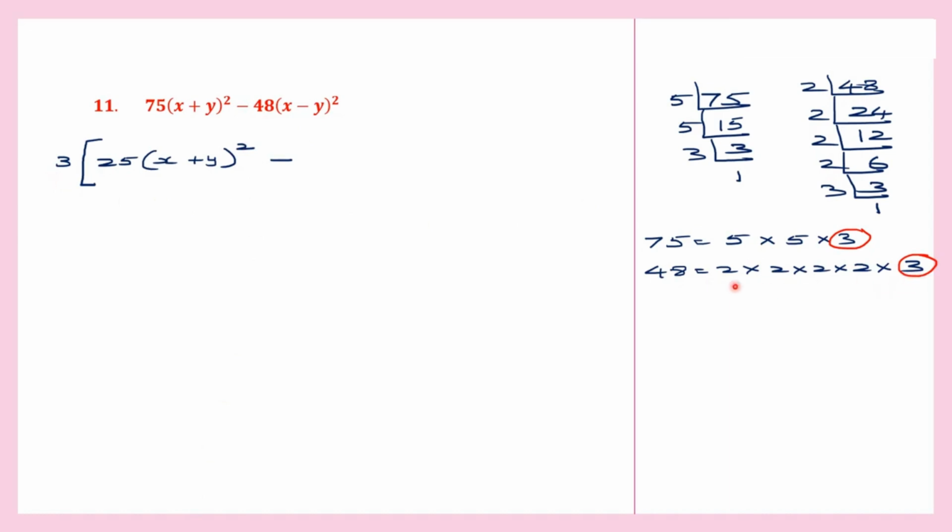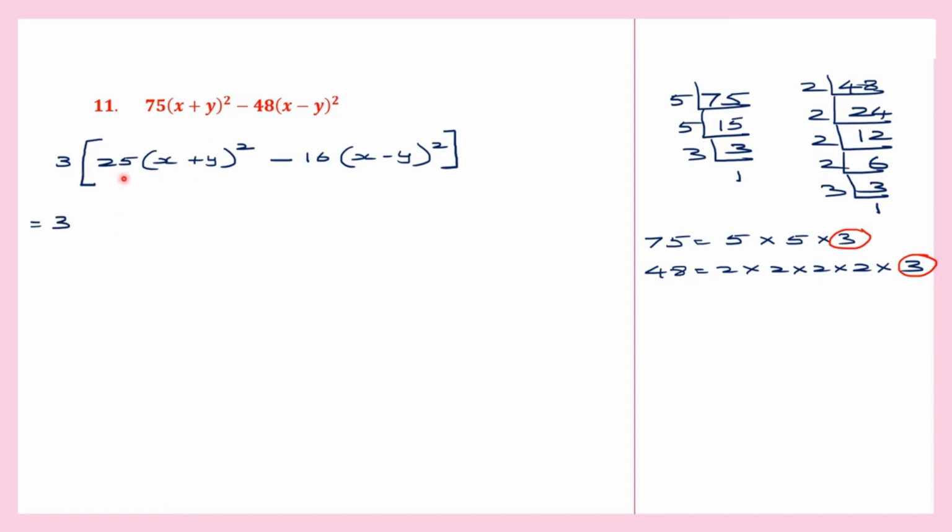If I leave out 3, what do I have? 2 2s are 4, 4 2s are 8, 8 2s are 16. So I can write 16 into (x minus y) the whole square. Now I can close this bracket. Let me continue again. So this is 3. Now look at this 25. Now I can make this whole thing square.